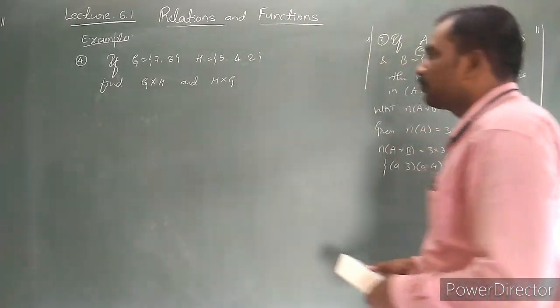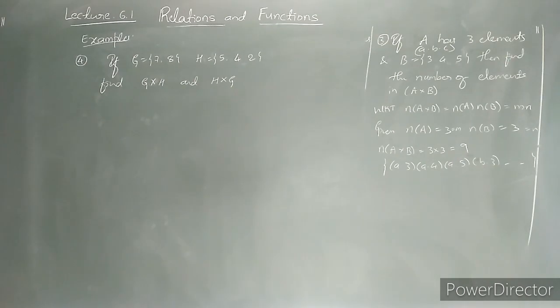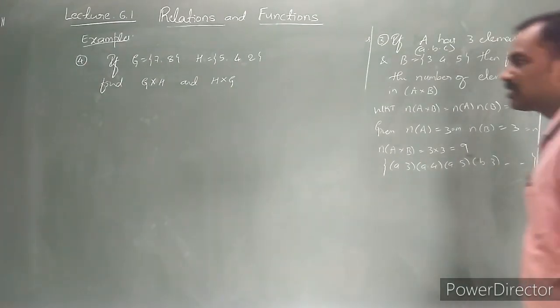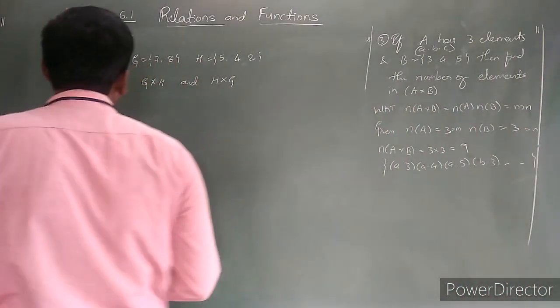For these two sets, we need to find G cross H and H cross G. How to find G cross H and H cross G?